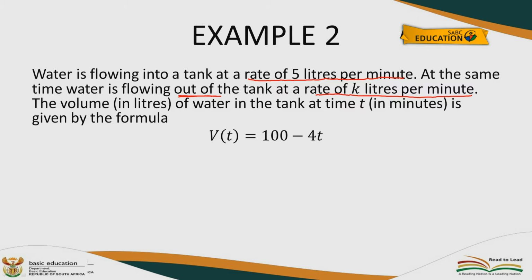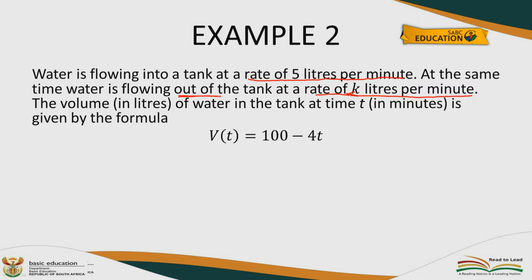So when 5 liters of water enters the tank per minute, at the very same time, k liters of water is leaving the tank. We do not know how many liters that is, it's just k. So this tells me that at a later stage, we might be asked to find out what that k is. But nonetheless, there is water coming in and there's also water leaving the tank.